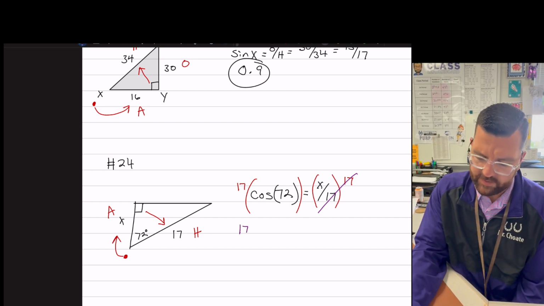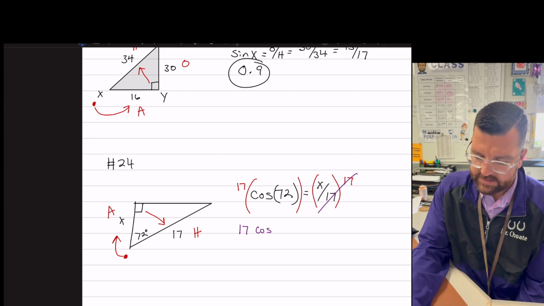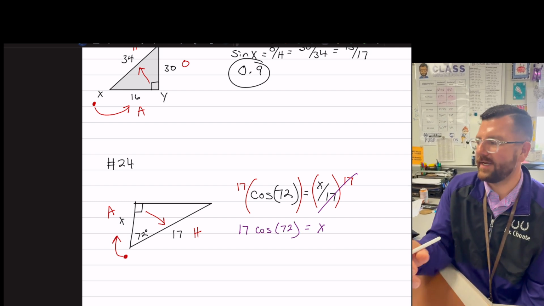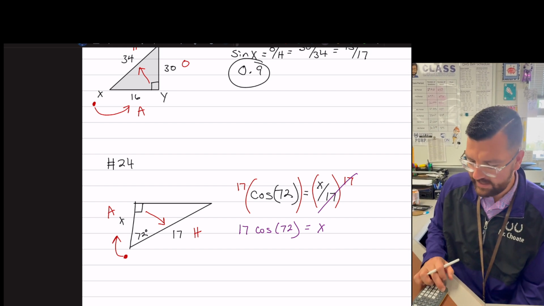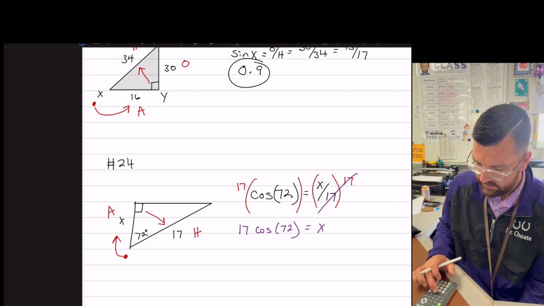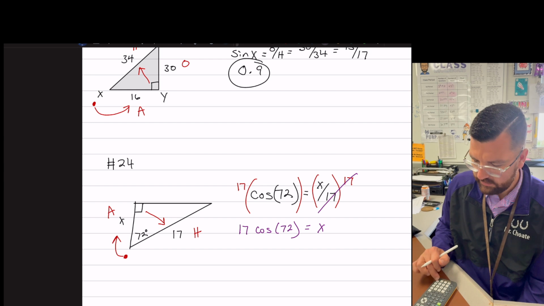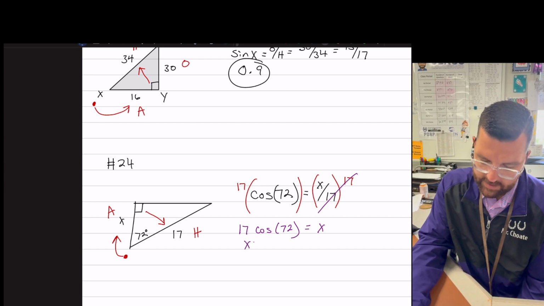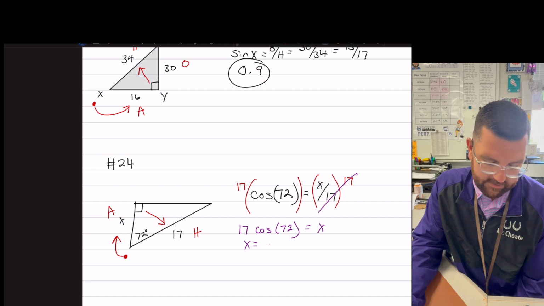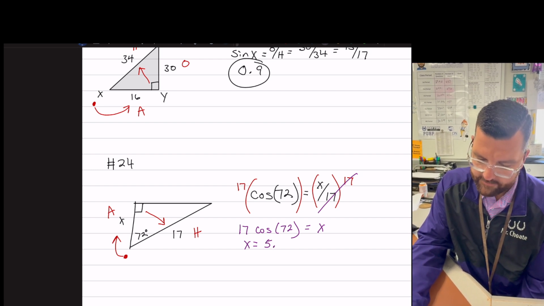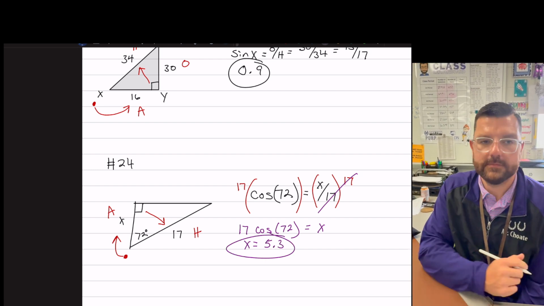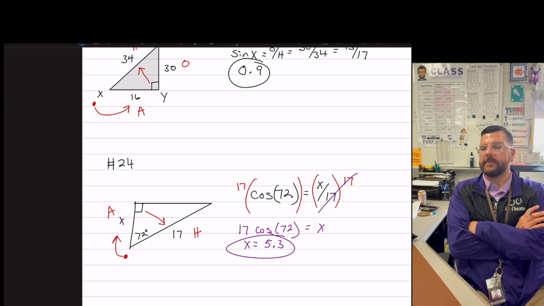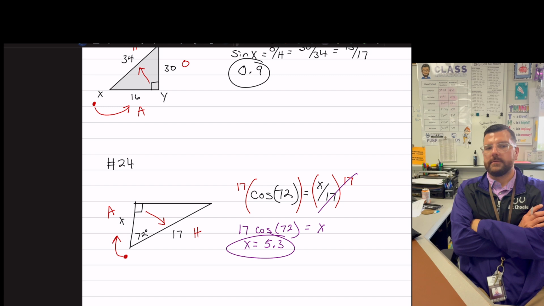So you're left with 17 times cosine of 72 equals x. And you can type that into the calculator, 17 cosine 72, push enter, and you get, when it's rounded, x equals 5.3.